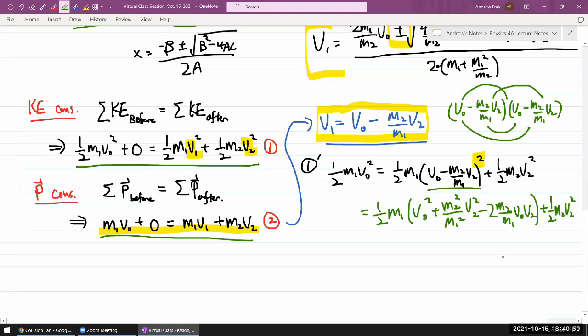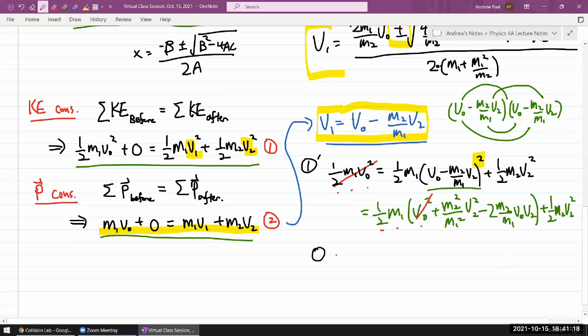And I hope now as you're staring at it, you see some magical cancellation. I have this term here, 1/2 m1 times v0 squared. That's identical to this on the left-hand side. They are going to cancel. Then with the cancellation, let me just distribute this and write down a simplified version.